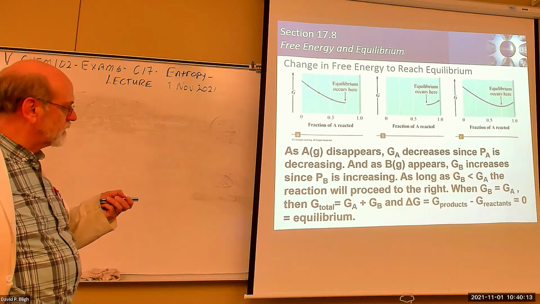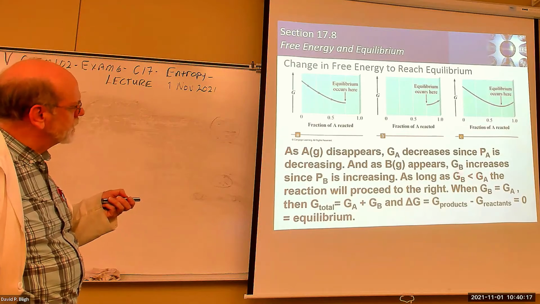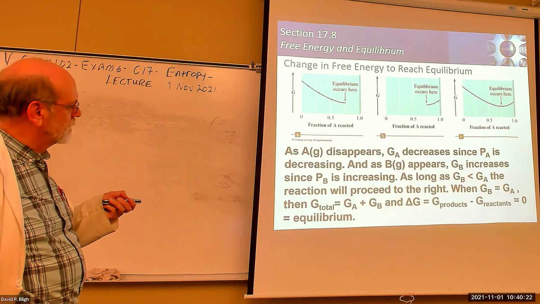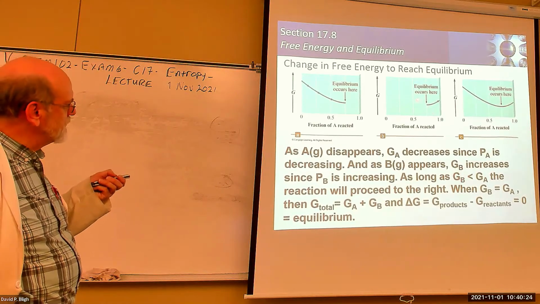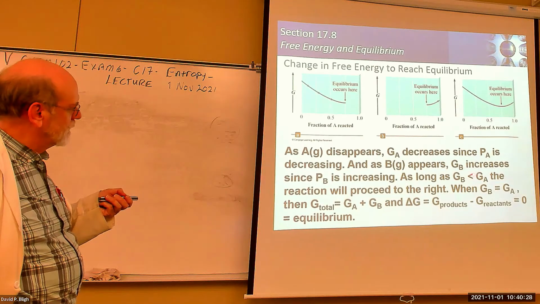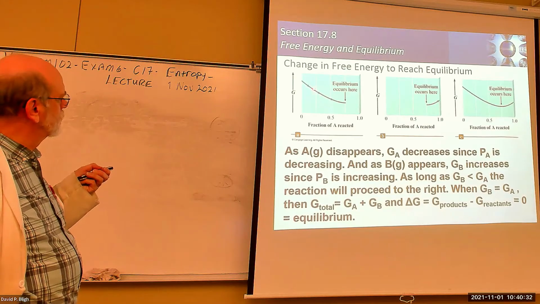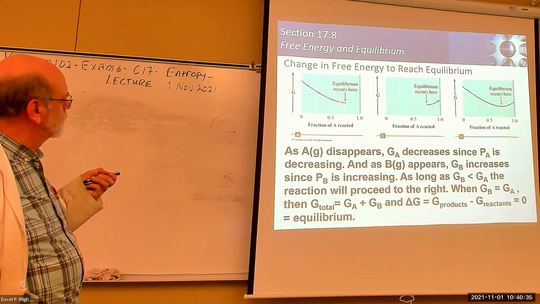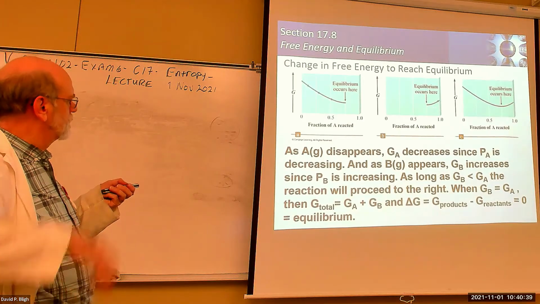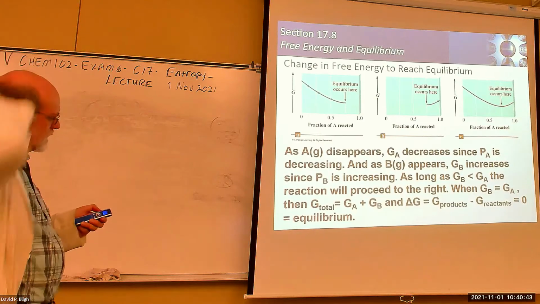As long as GB is less than GA, the reaction will proceed to the right. So GB is less than GA. That's supposed to be A, and this is B. That does not compute.